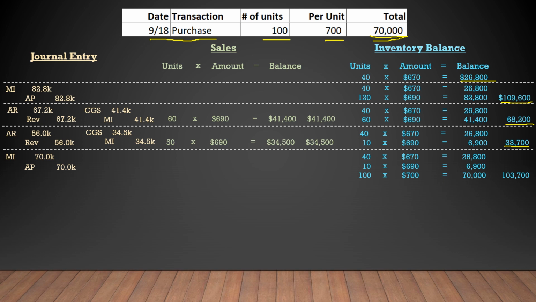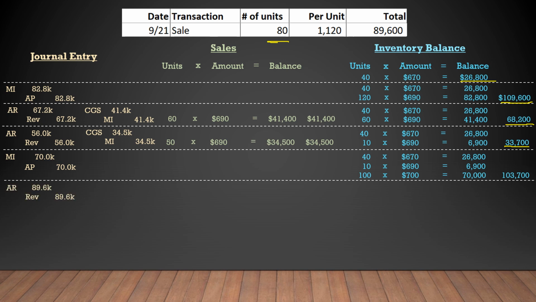On September 21st, we sold 80 units. Debit accounts receivable and credit sales for $89,600. Since our most recent layer has 100 units in it, all 80 units are assigned this cost, meaning $56,000 will be our debit to CGS and credit to merchandise inventory.